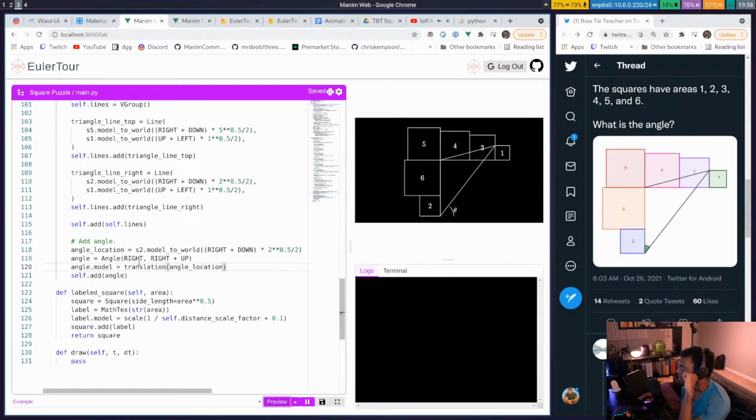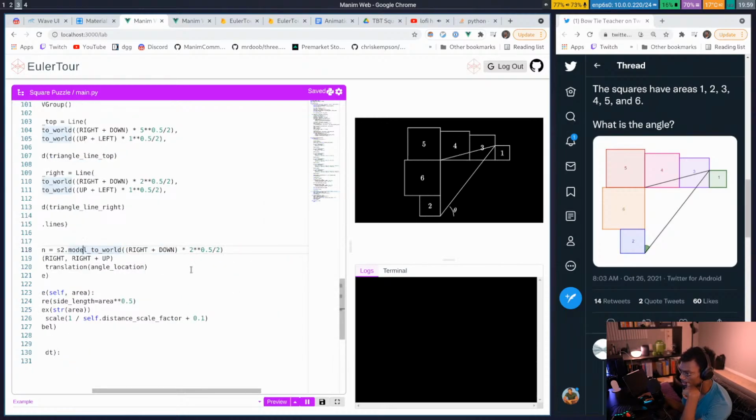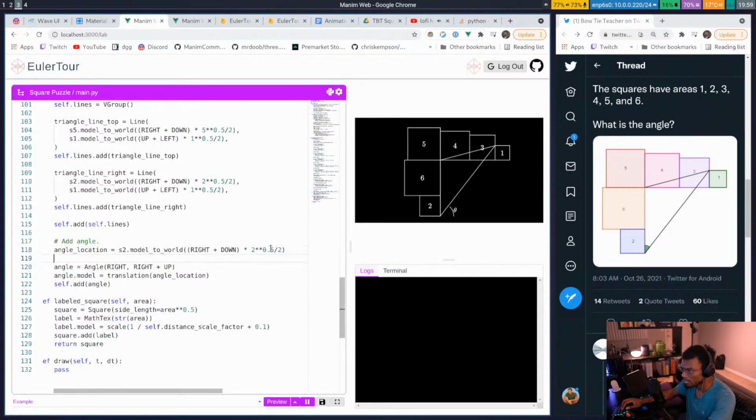Now I need to get the two locations. So one is just going to be up. This won't be so bad. Here's the angle location. It's going to be angle prev and angle next, basically.